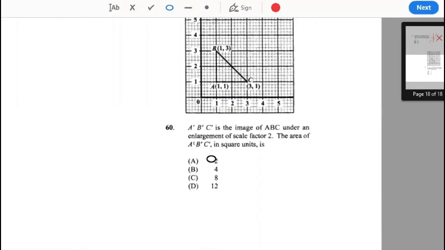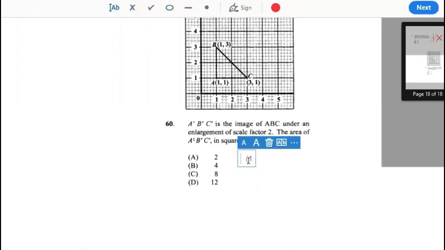Question 60 says A'B'C' is the image of ABC under an enlargement of scale factor 2. The area of ABC in square units is, there are two ways or more that can work this. I literally use the scale factor to multiply each coordinate. So, for example, 1 and 1, I multiply that by the scale factor, so it becomes 2, 2.